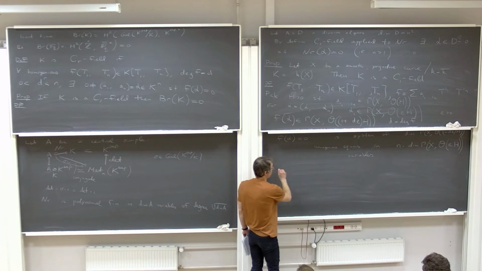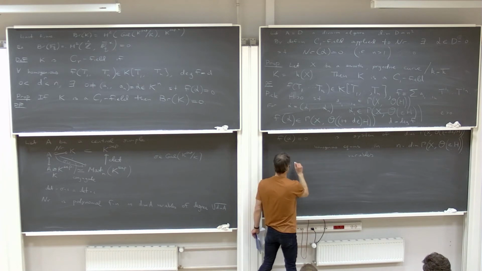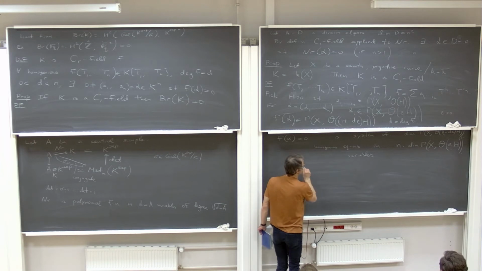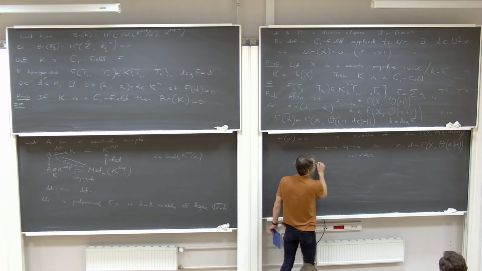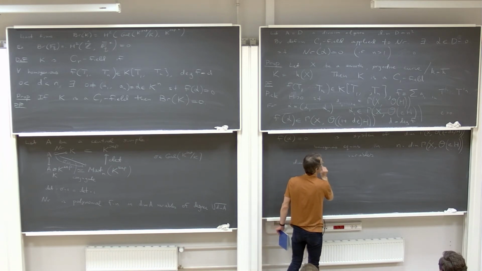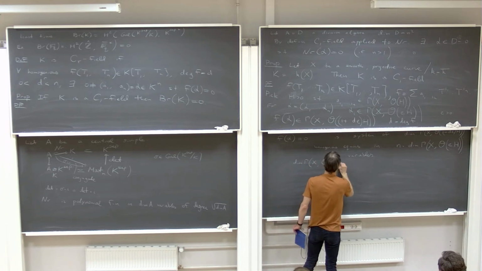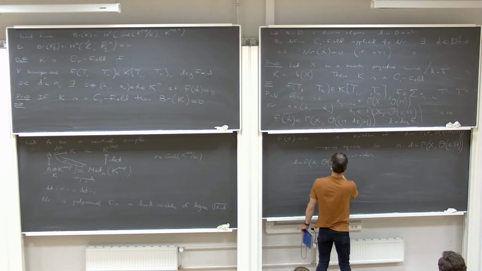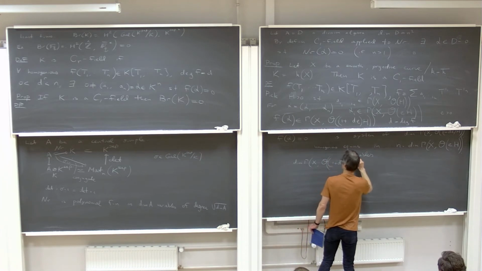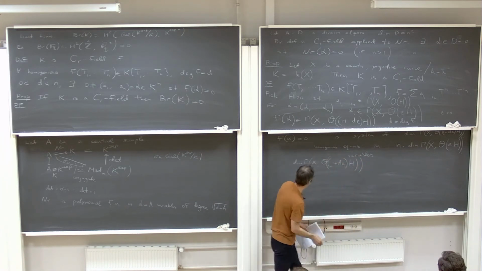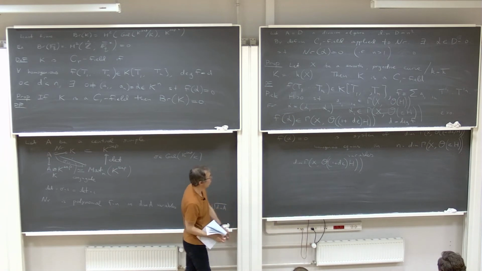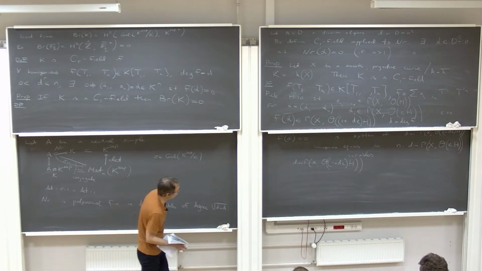Now, let's compute these dimensions using the Riemann-Roch theorem. Riemann-Roch computes the Euler characteristic of a line bundle.